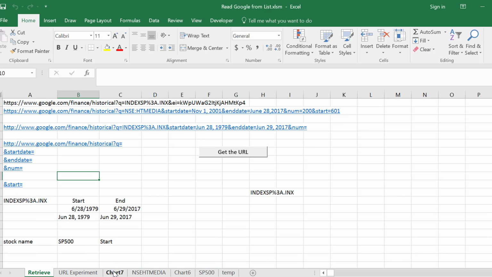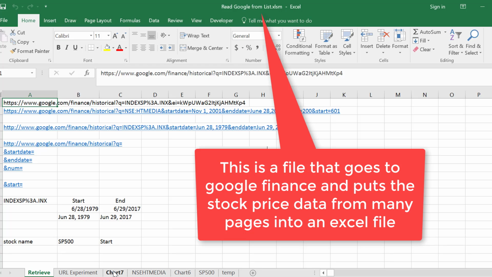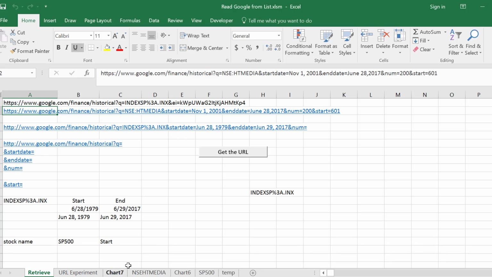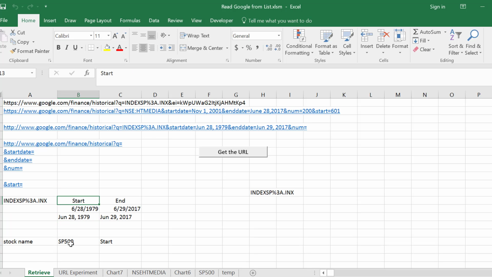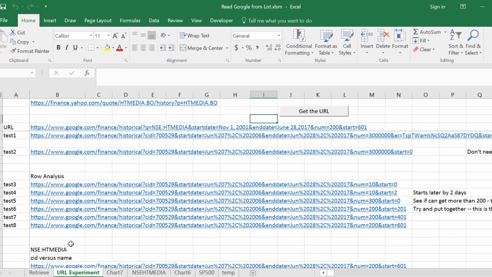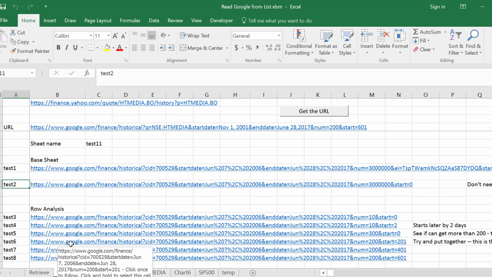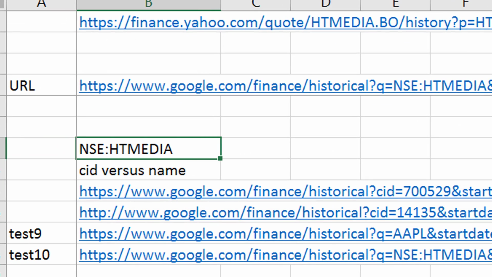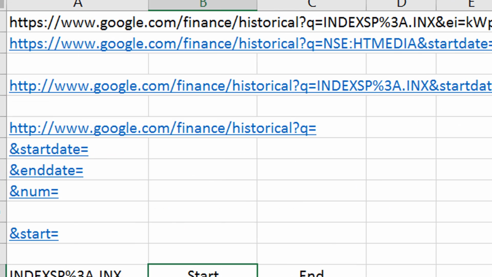So I am putting on the website this macro that just says if we want to get our stock, if I want to get HT Media, I hope that I want to get this stock, and I'm going to put it in this sheet.